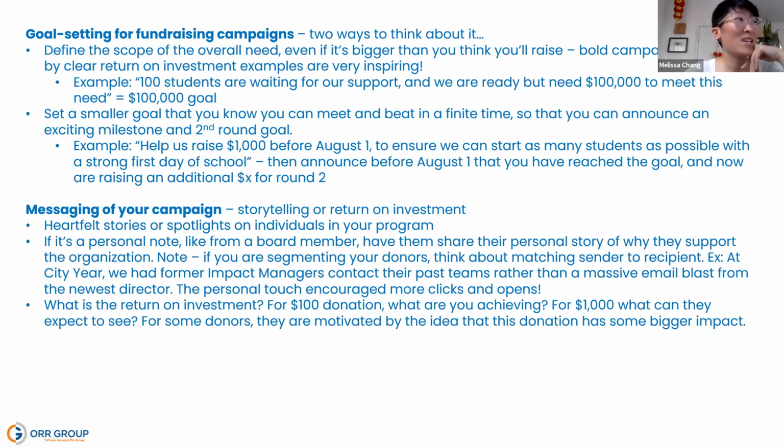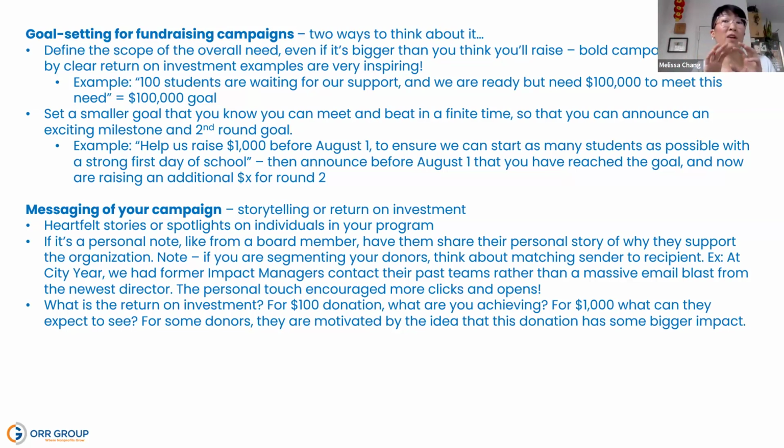When thinking of goal setting for your fundraising campaign, I think of it in two ways. At the Orr Group, we have worked on really large campaigns. In some of my past work, I've done a $75 million racial equity campaign for Echoing Green and a $100 million campaign for Ms. Foundation for Women doing gender equality. The campaign feasibility we did there was a bit more complicated.